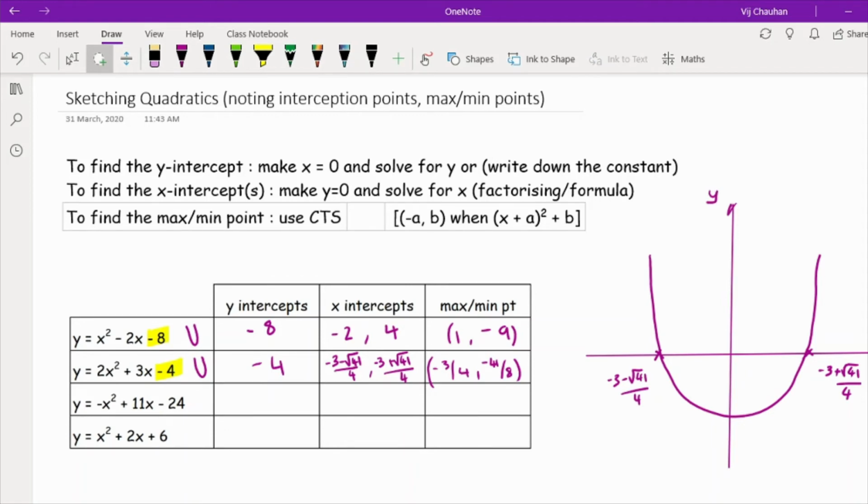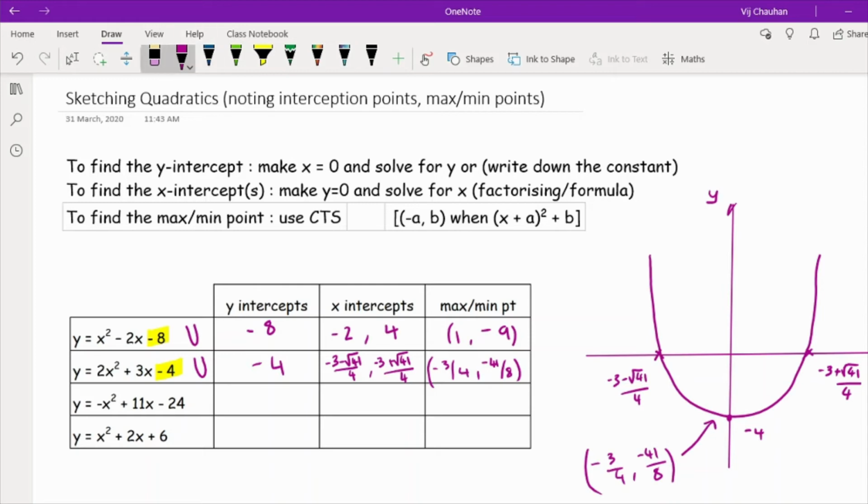So I know at this point here it's going to be at -4, and I know that the minimum point, which is going to be in the negative quadrant here, is going to be at -3/4, -41/8. And so you can see clearly there, although it's not the best parabola, maybe that minimum point should be a little bit more on this side rather than it looking like it's exactly on the y-axis, but that would be good enough for you to get the full marks.